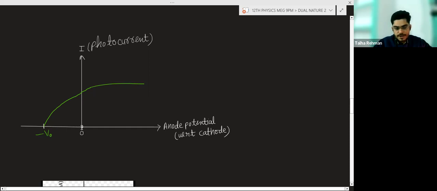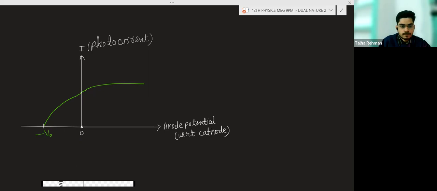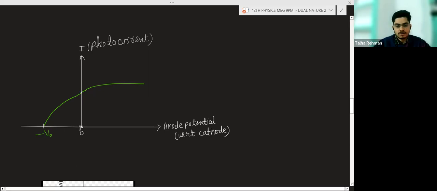Now see from here. This is the anode potential.